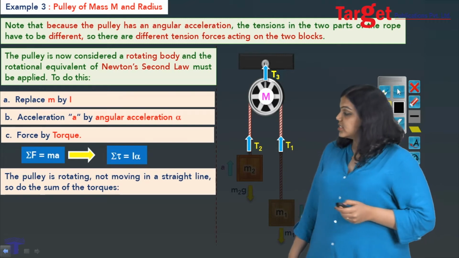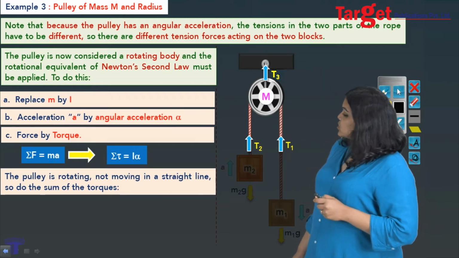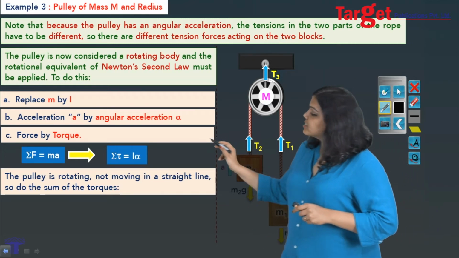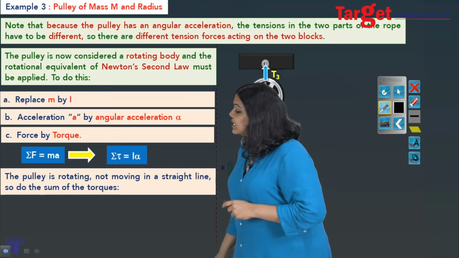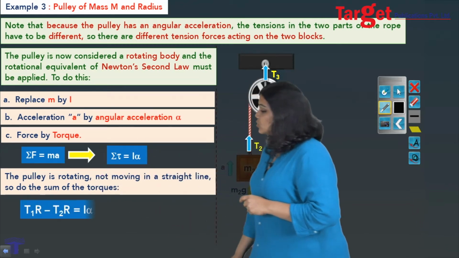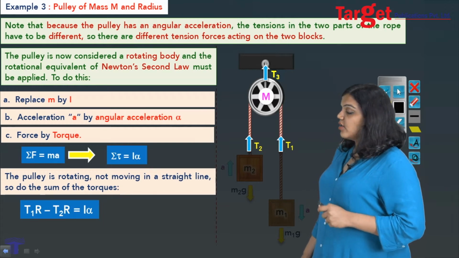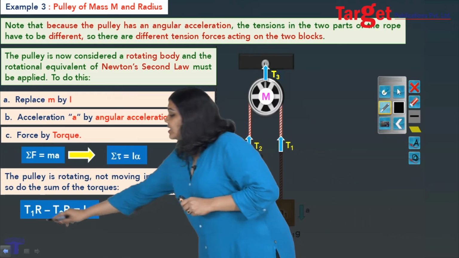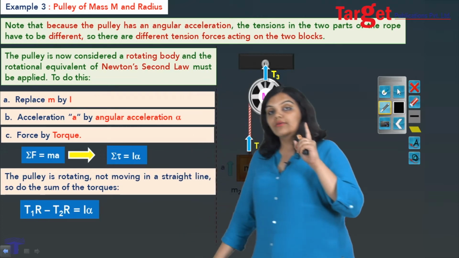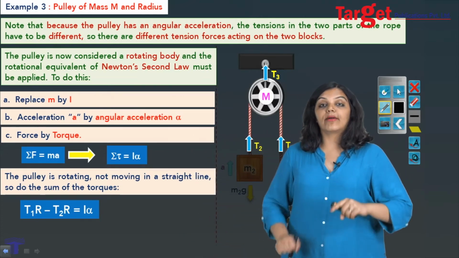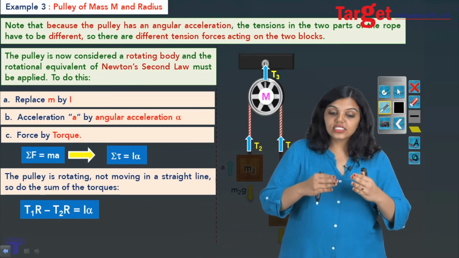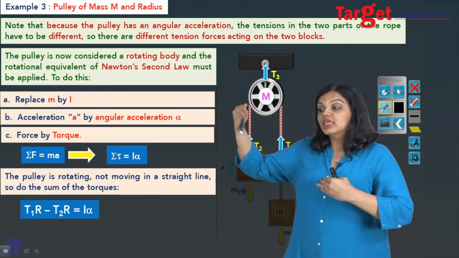Now the pulley is rotating and not moving in a straight line. So what we have to do is write down the equation of motion by adding the torques, that is taking the sum of the torque. So I get T1R minus T2R is equal to I alpha. If you're wondering how I got T1R or T2R, remember the torque is given by multiplying force and the distance between the force and the pivot.